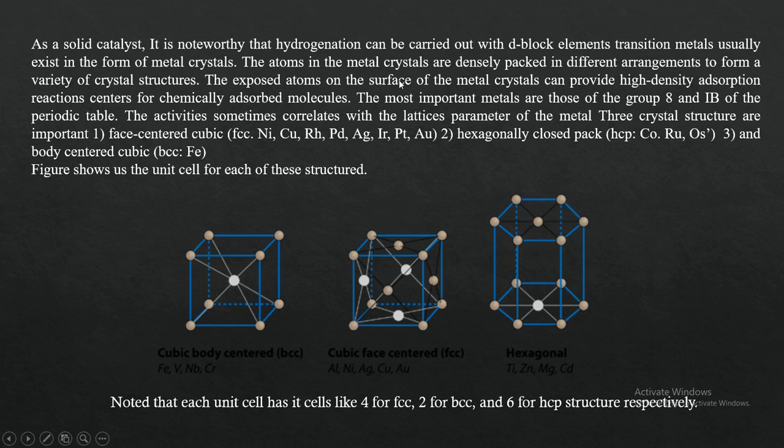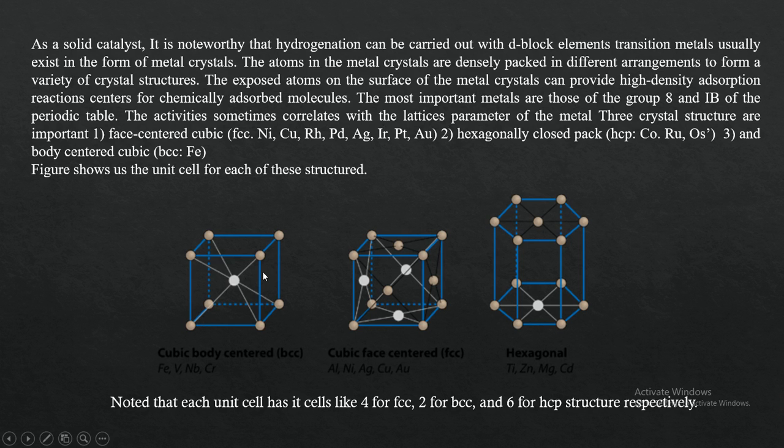The atoms in the metal are usually in a dense phase, arranged differently to form a variety of crystal structures. The exposed atoms on the metal crystal can provide high adsorption and reaction rate for chemically adsorbed molecules.